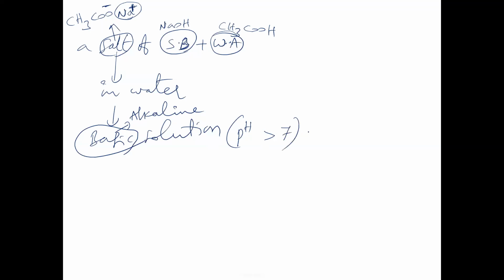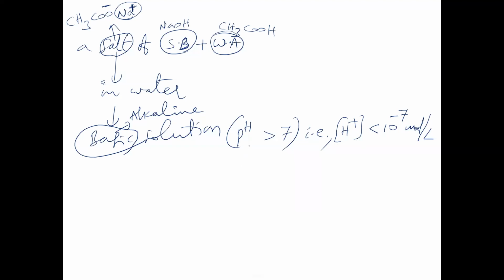pH is greater than 7, what does it mean? That is, H plus concentration should be less than 10 power minus 7 moles per liter. So whenever pH value is greater than 7 for basic solutions, H plus ion concentration must be less than 10 power minus 7 moles per liter.